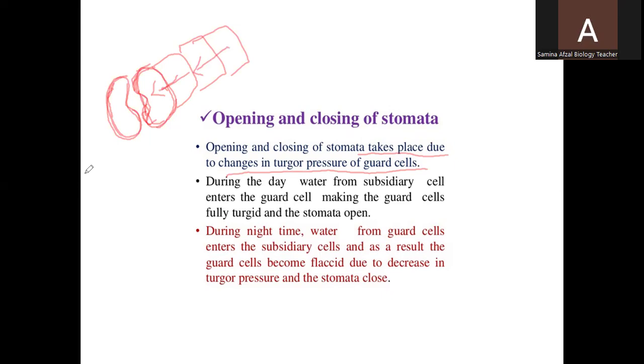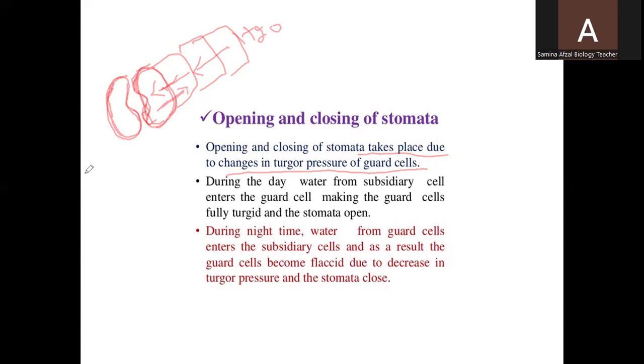And it happens at the daytime when there is sunlight and the process of photosynthesis taking place over there. But at night, when there is no photosynthesis, so what happened? The water moves back towards the subsidiary cells.